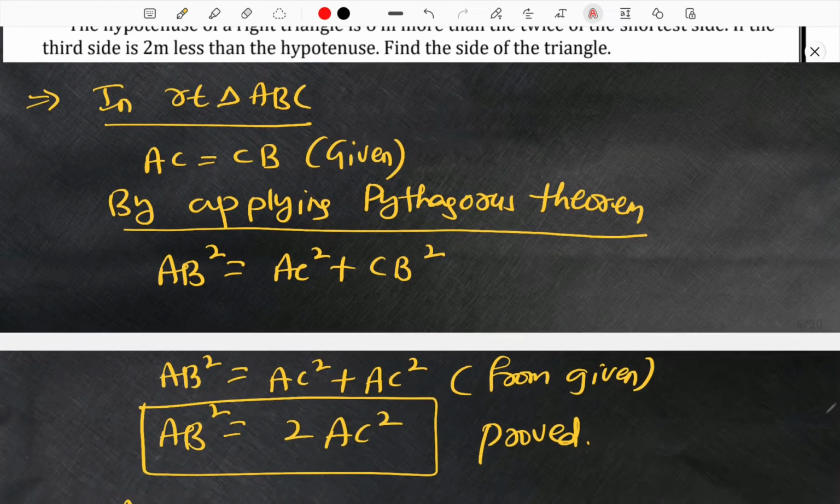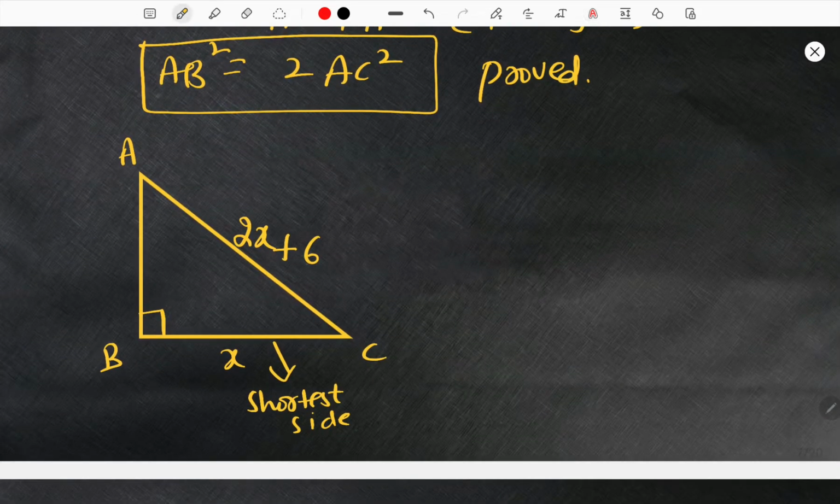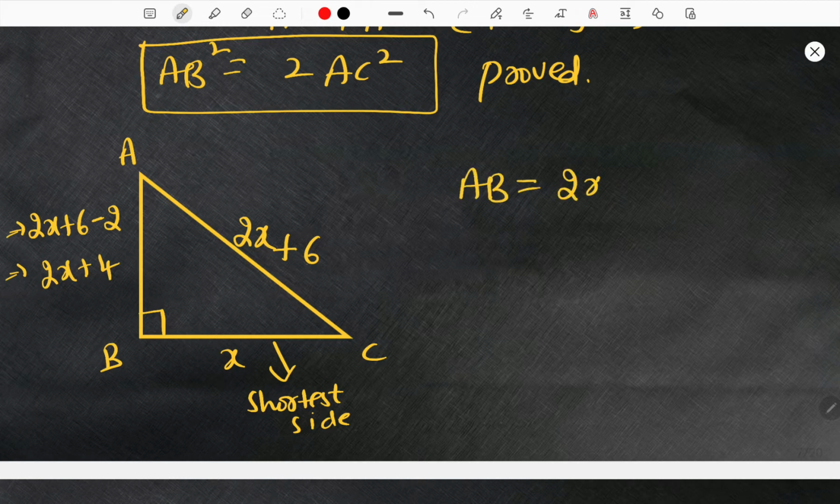The hypotenuse is 2x plus 6, and 2 meter less means minus 2, so it becomes 2x plus 4. If you are getting confused, you can write AB is equal to 2x plus 4 meter, BC is equal to x meter, and AC is equal to 2x plus 6 meter.